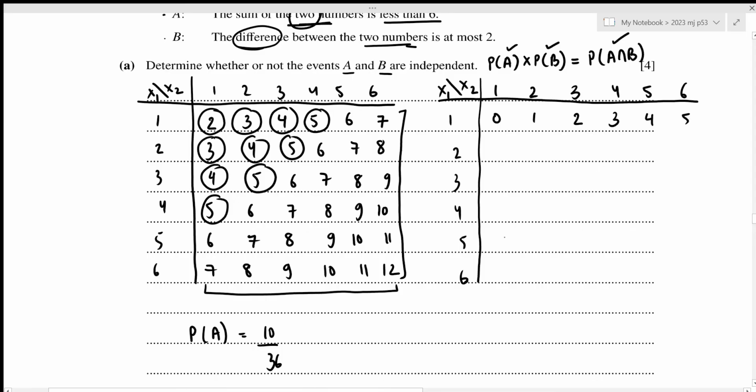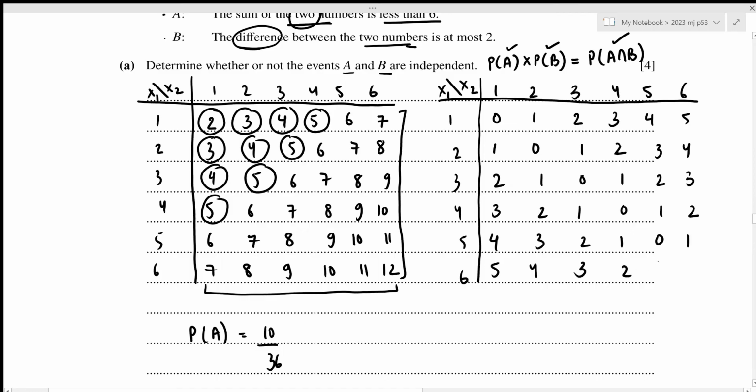We repeat the same process for the remaining values. So 2 minus 1, 1, 0, 1, 2, 3, 4, 2, 1, 0, 1, 2, 3, 3, 2, 1, 0, 1, 2, 4, 3, 2, 1, 0, 1, and 5, 4, 3, 2, 1, 0.